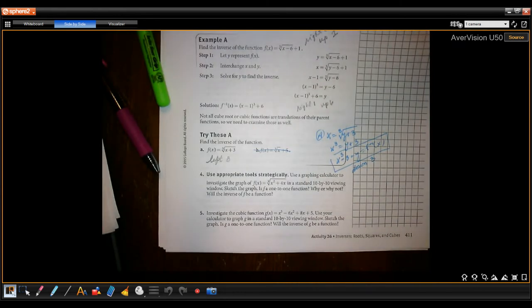So let's type that in. You can go to your math button, I believe. And there's a cube root button there.